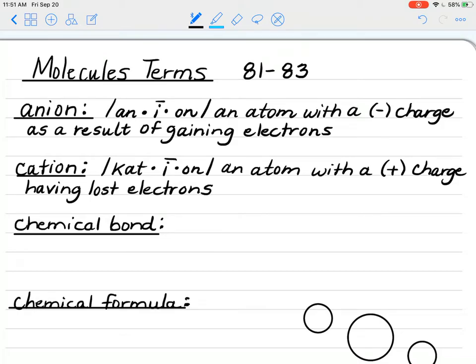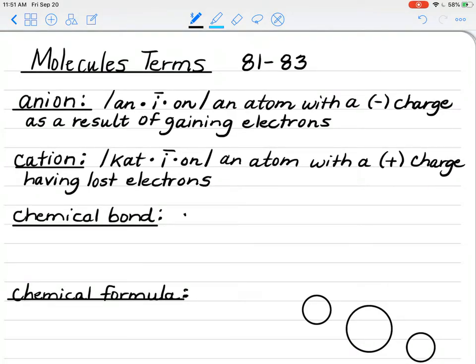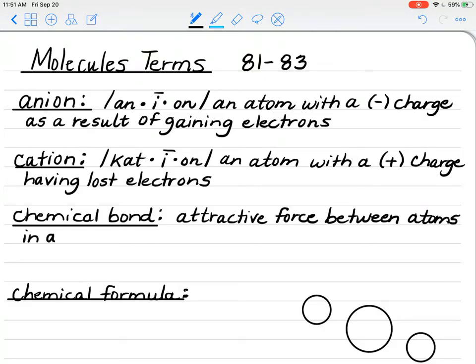So, a chemical bond. This one is a little easier to understand. It is an attractive force between atoms in a compound, formed by transferring or sharing electrons.